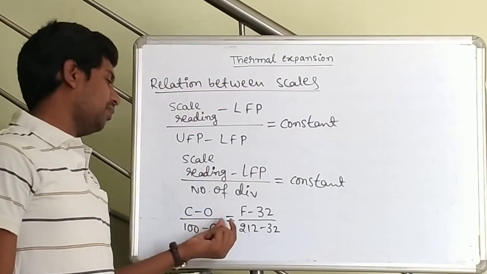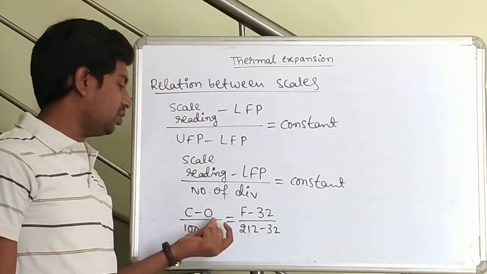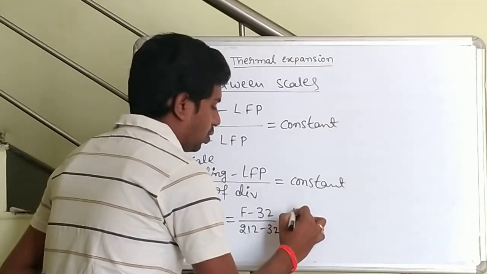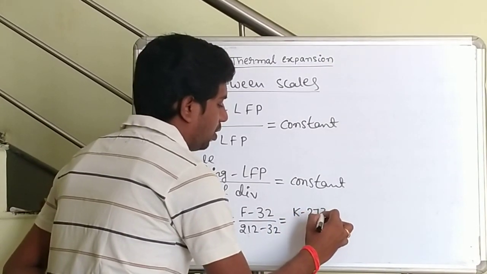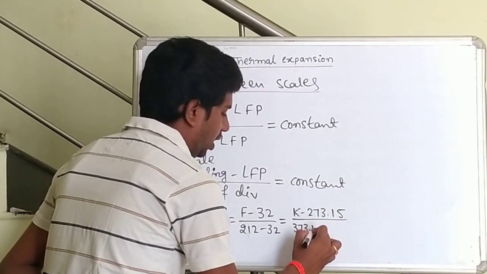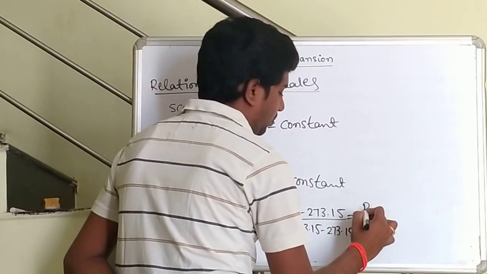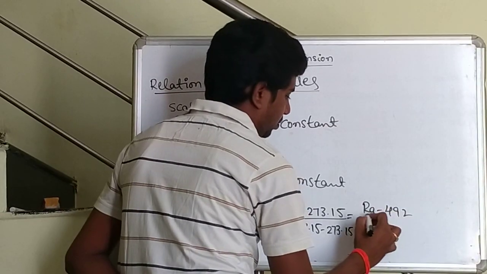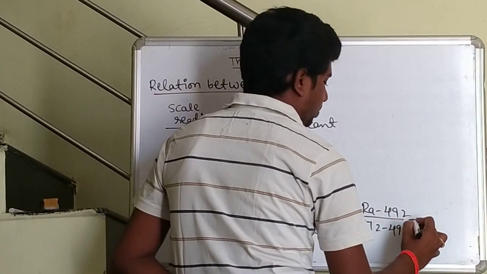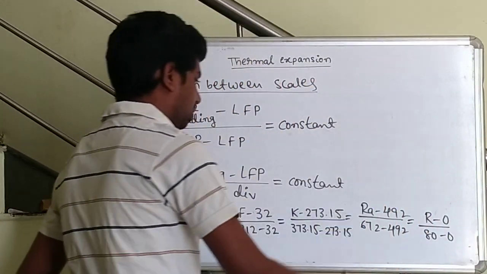Means if we substitute the values of C and F here, they will give the same value, or this relation will be true. And this is not only for these two, this is the same for all the scales. So if you take Kelvin or Celsius or any two scales, this is the relation.